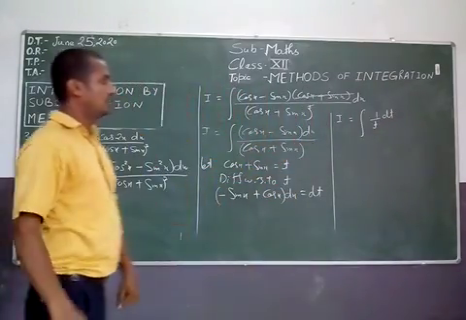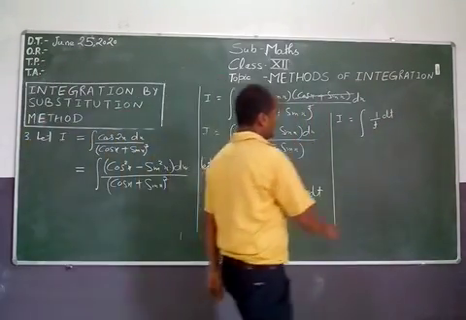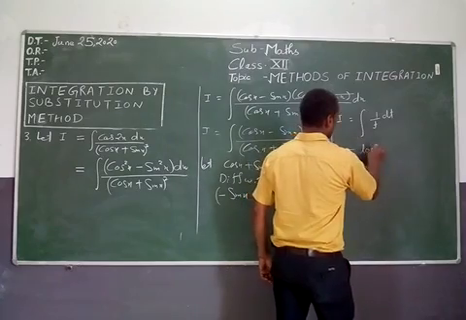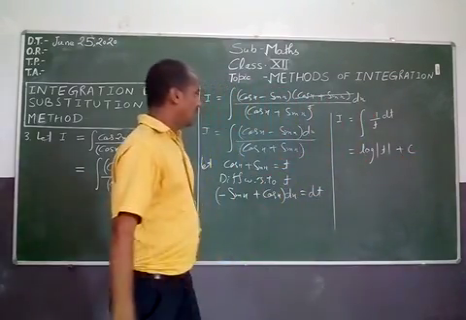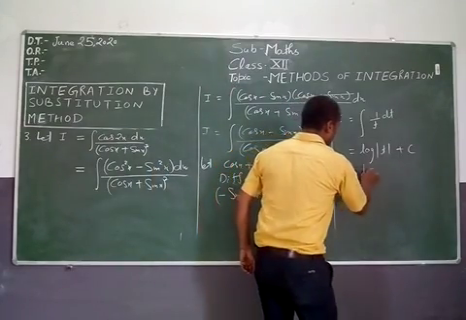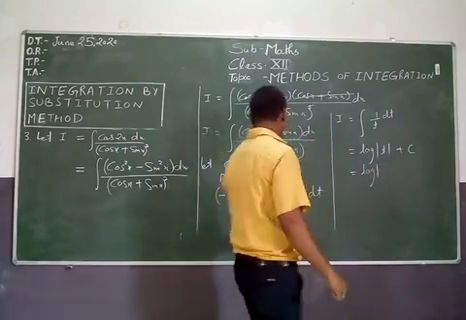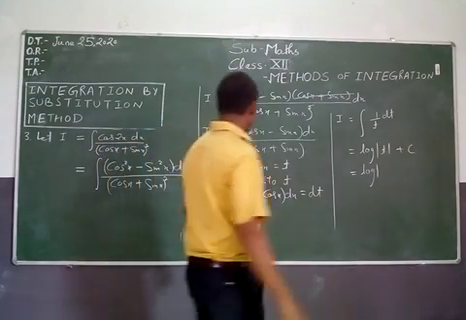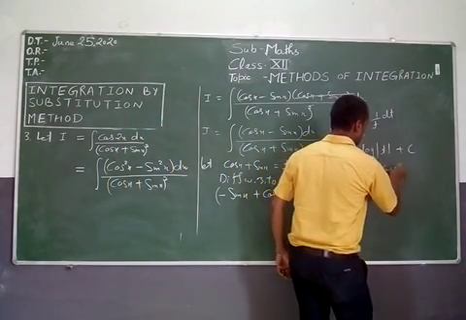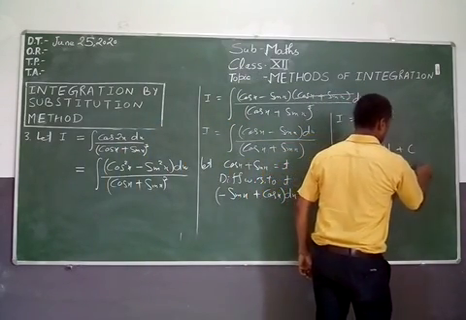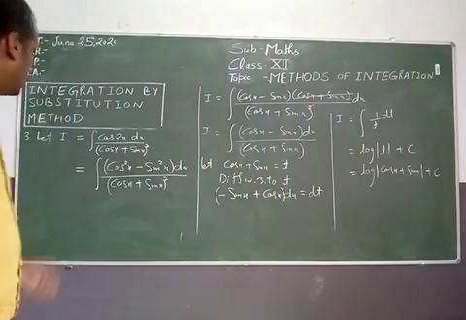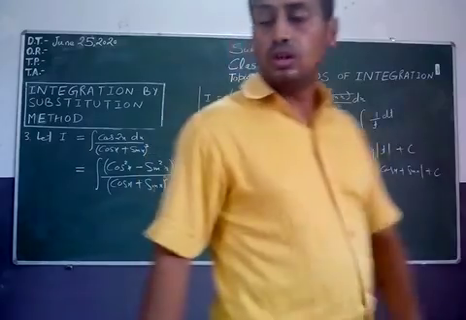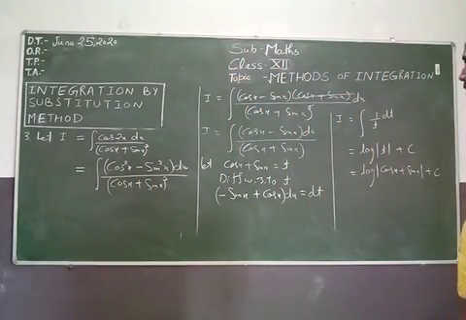Now integration of 1 upon t with respect to t is log mod of t plus c. We can substitute here value of t. Value of t is cos x plus sin x plus c. Now this is the integration of given function cos 2x upon cos x plus sin x whole square.